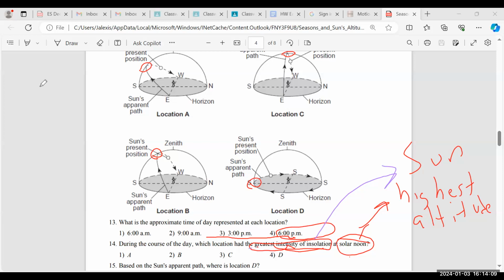The greatest intensity of insolation has to be when the sun's at its highest altitude. And which location is where the sun is at its highest altitude at solar noon, where the red dots are? It is location C. So the correct answer is choice 3.